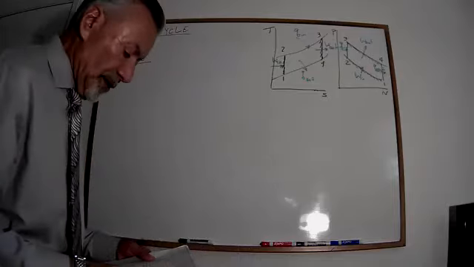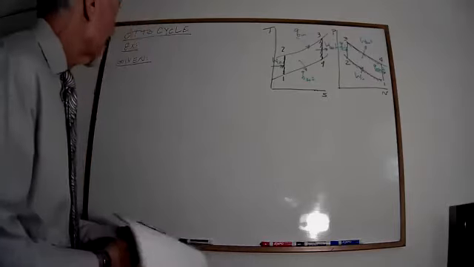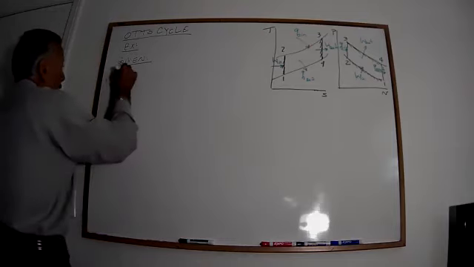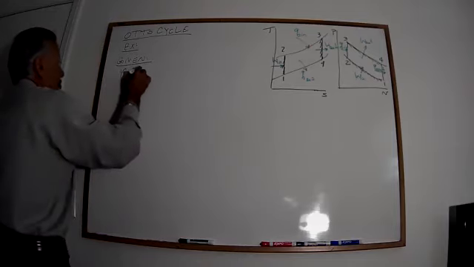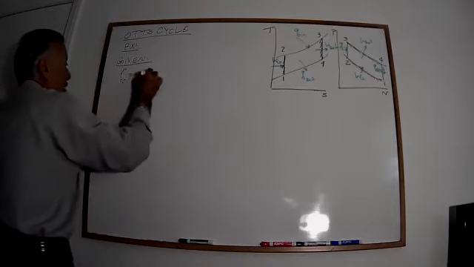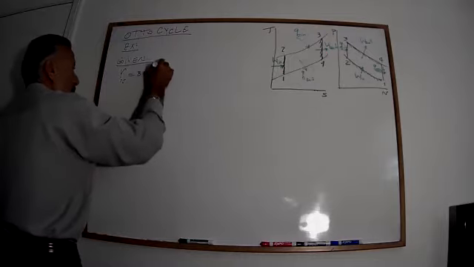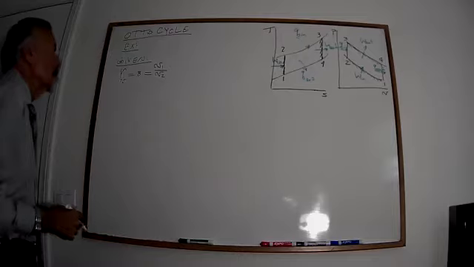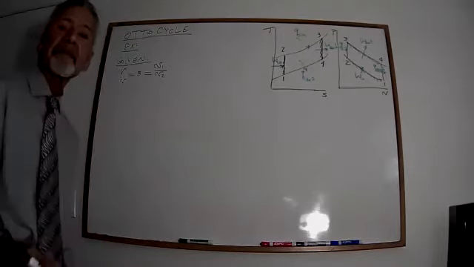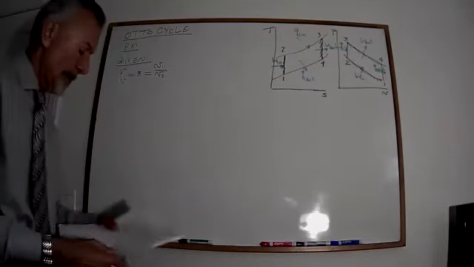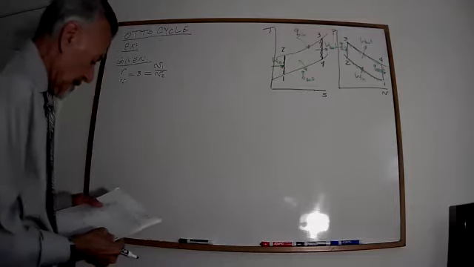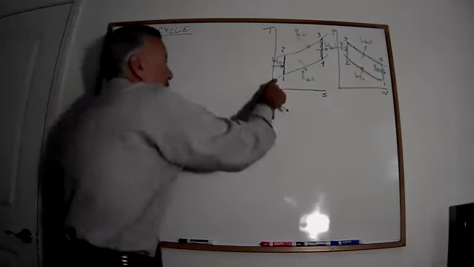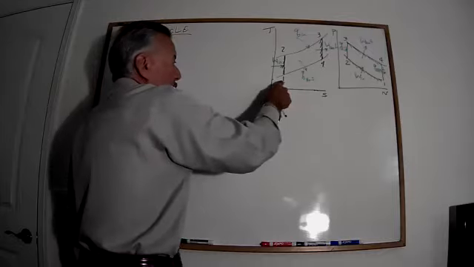We have an Otto cycle where the compression ratio is equal to 8. So r_v is equal to 8. And we know that that is equal to V1 over V2. I write these because I won't make any mistakes down the road. Then it says, at the beginning of the compression, where is the beginning of the compression? Point 1.